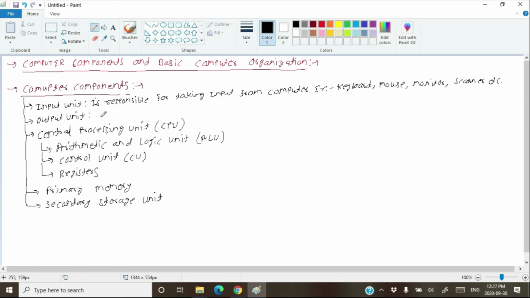Then we have output unit. The output unit is responsible for giving output from the computer.